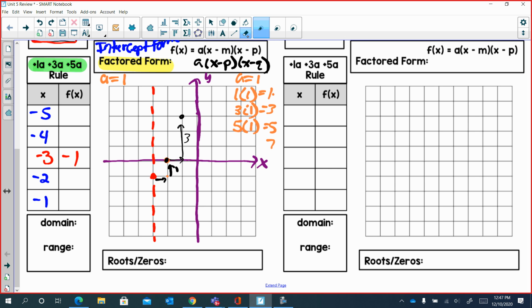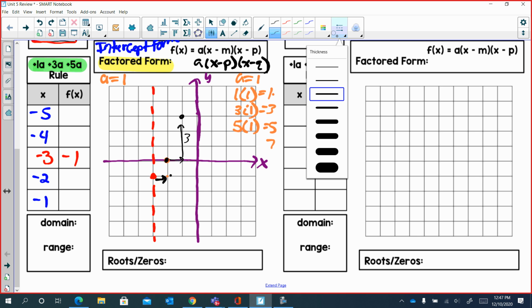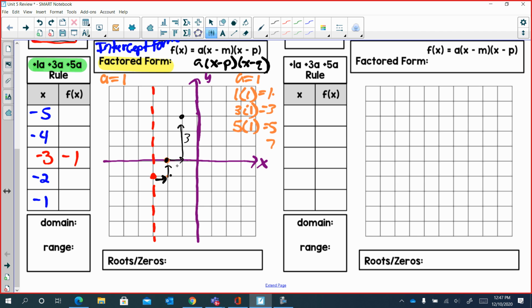Okay, I'll go back. I'm doing the 1, then I'm doing the 3, and then if I had room, I could do the 5, the same pattern.